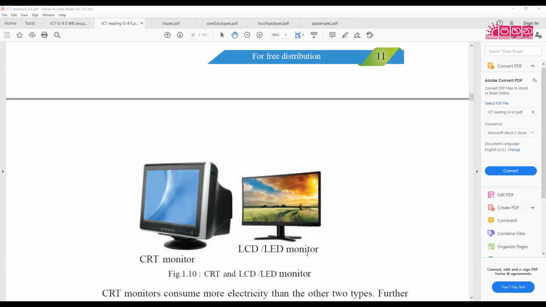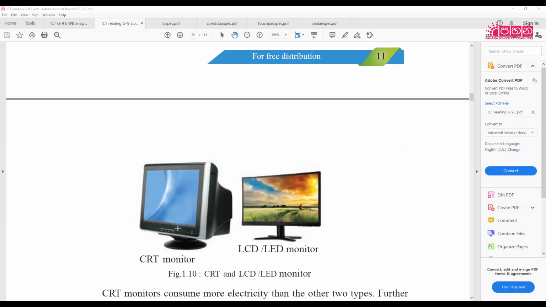A few things you have to note about this. If you take the old computers, CRT monitors consume a lot of electricity. So electricity consumption is high, whereas LCD and LED are more efficient. And LED is the most efficient monitor when it comes to electricity consumption. Then the next one is the space you need.